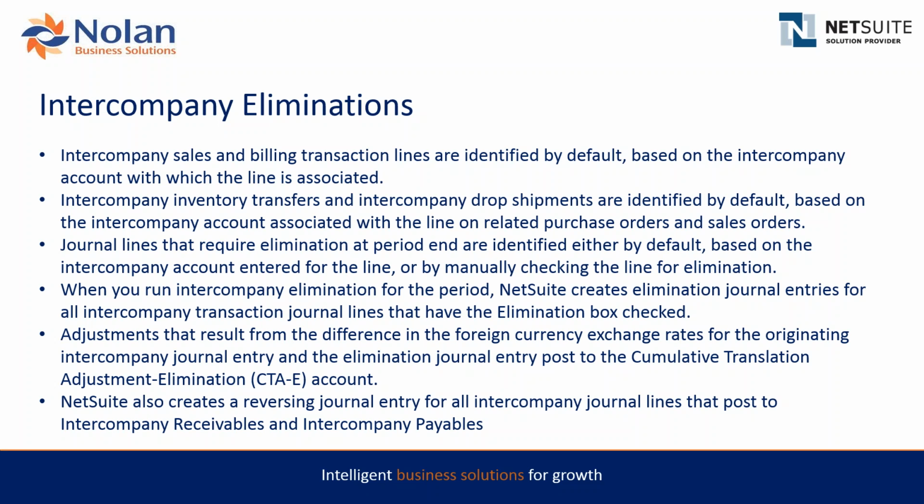Adjustments that result from the difference in the foreign currency exchange rate for these original intercompany journal entries and the elimination journal entry post to the accumulated translation adjustment elimination account. NetSuite will also create a reversing journal entry for all intercompany journal lines that post to the intercompany receivables and intercompany payables.